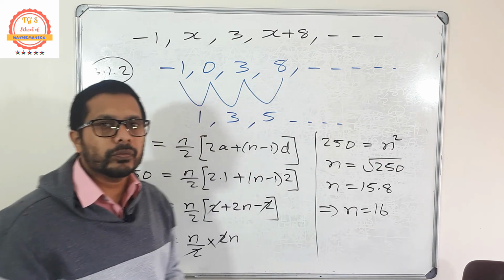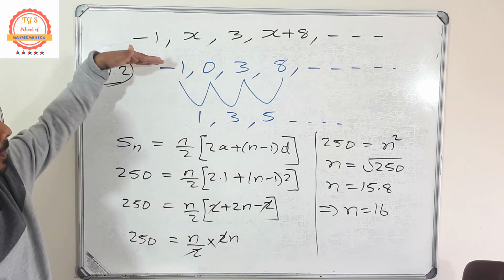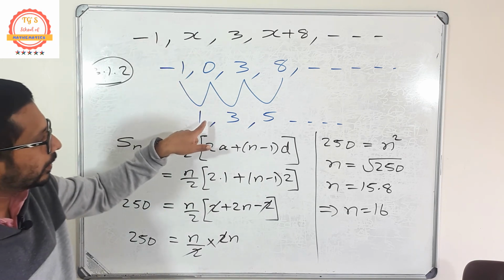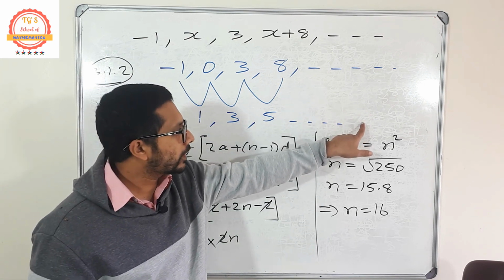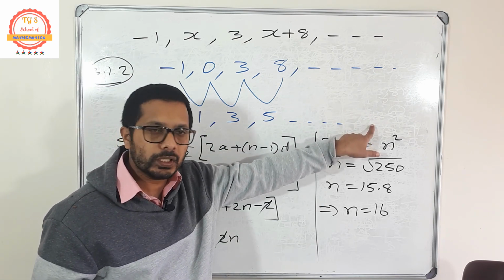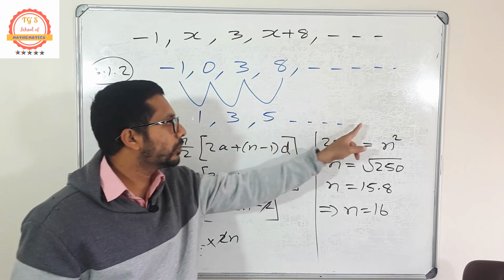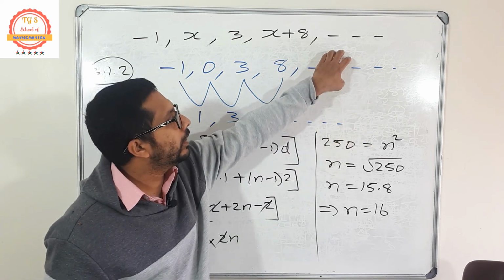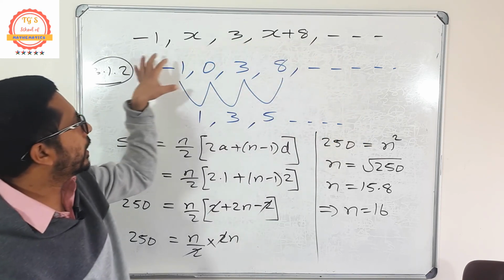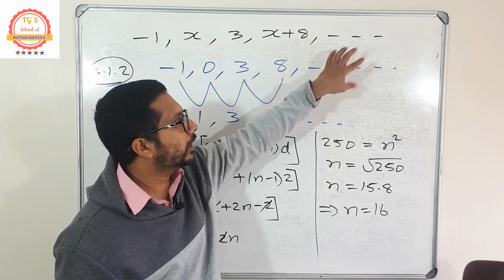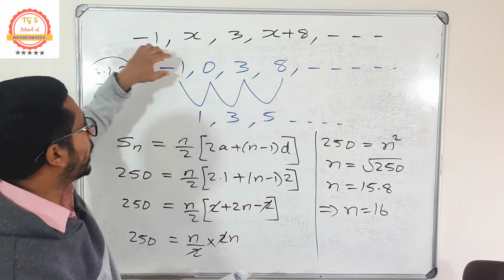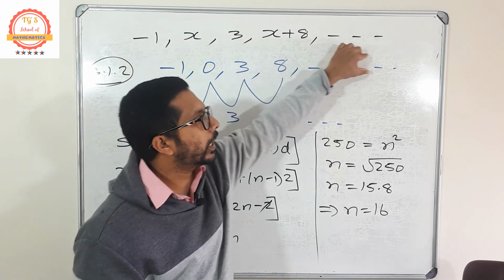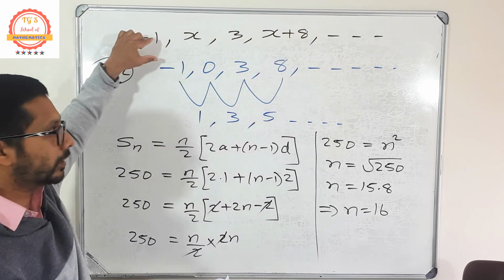So what is the meaning of that one, guys? When you add this arithmetic sequence, when the sum of this one is 250, the value of n is 16. That means there are 16 terms you have to write here in this quadratic sequence.